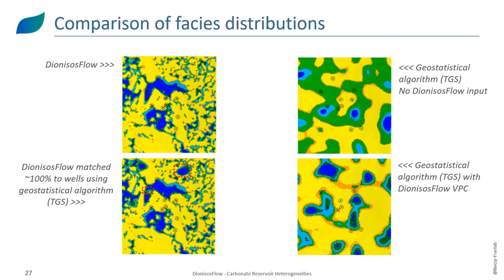And what we can see here is that three of those maps have very similar reservoir behavior, because the yellow is basically the reservoir. The DionisosFlow alone, the DionisosFlow matched to the wells, and the geostatistics with a DionisosFlow input have a reservoir in this unit that is more or less connected and will behave similarly in flow simulations. While with the geostatistics unsupported by Dionisos input, you'd have a very different flow behavior.